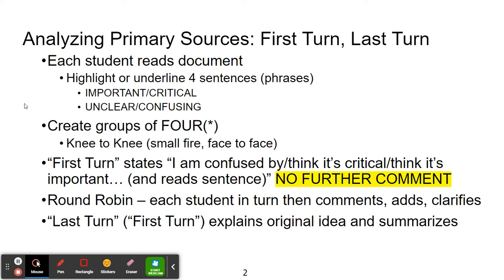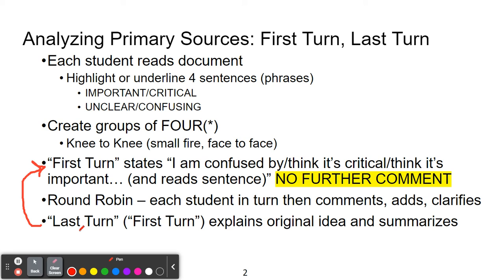When the round robin gets back to the first turn student, the first turn student then explains their original reason for selecting the sentence. They might explain that they were confused by a word, they were unsure about what the meaning was, or they can explain why they thought it was critical. The first turn student now also summarizes what the group has said.